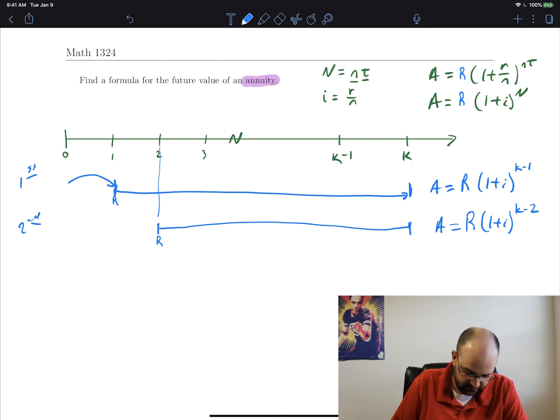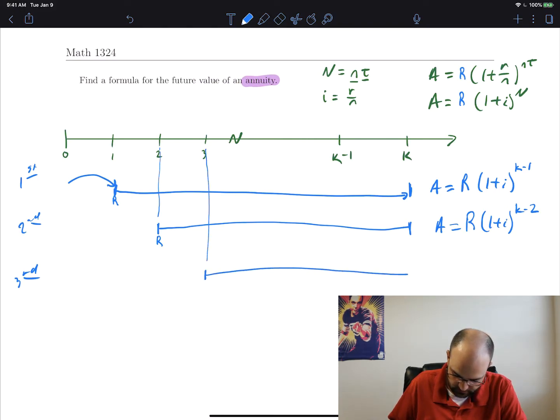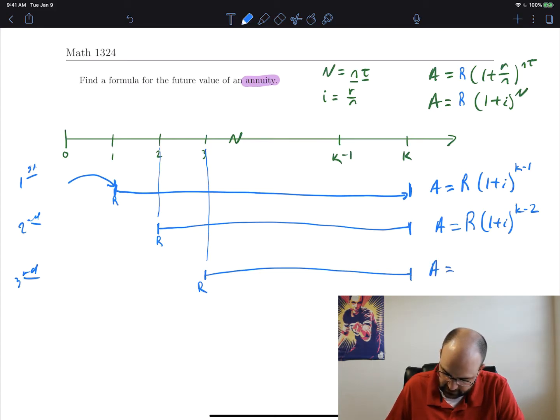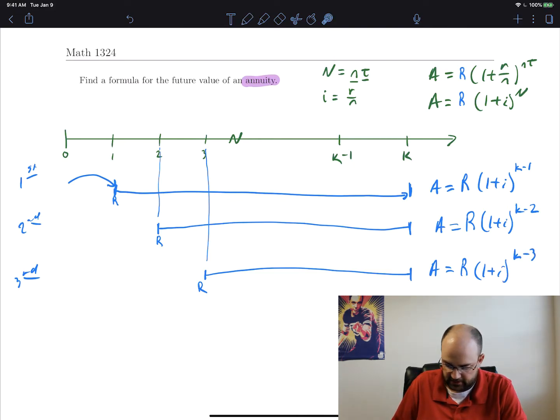And then we do the same thing for the third period. For the third period, there's a revenue going all the way over here. So the future value is going to be R times 1 plus I to the K minus 3. Now notice that the K minuses for all of these are always going to be right here.